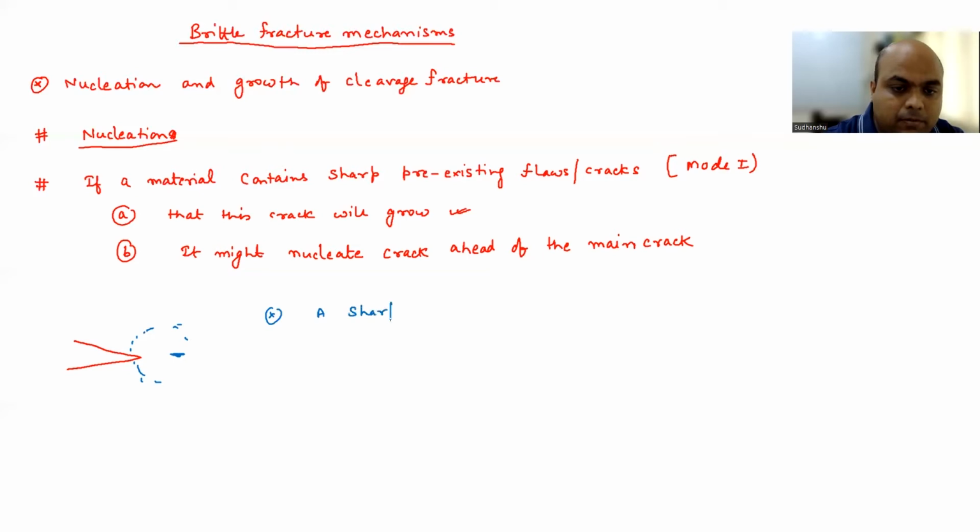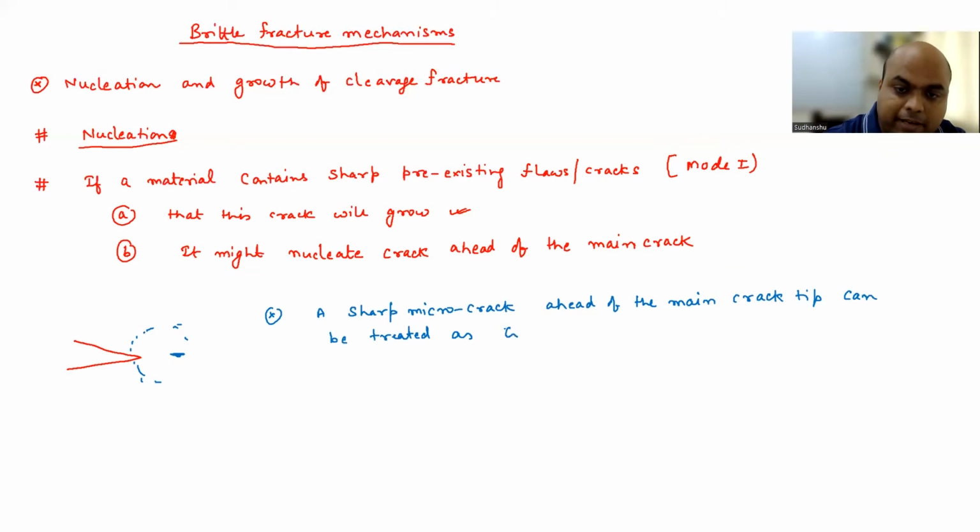So a sharp microcrack ahead of the main crack can be treated as a Griffith crack, and propagate into the matrix, which can lead to cleavage fracture.